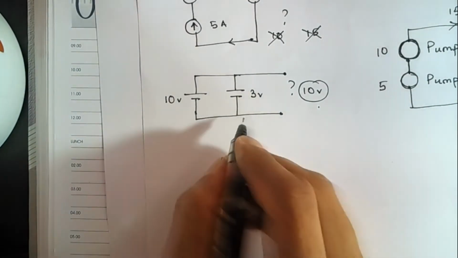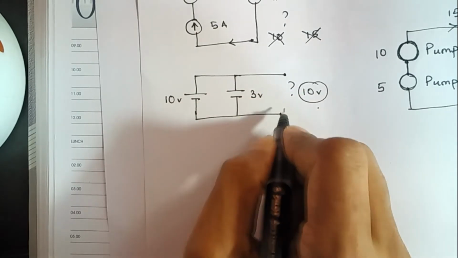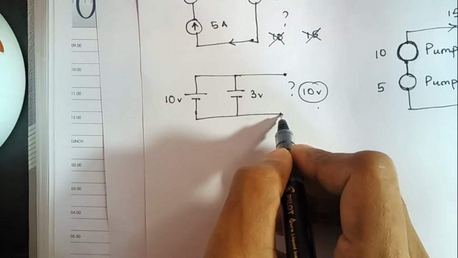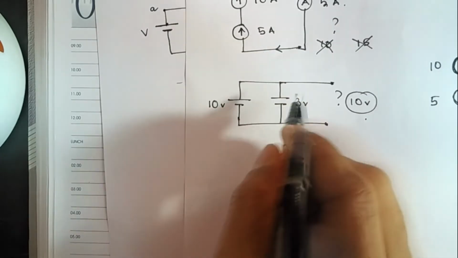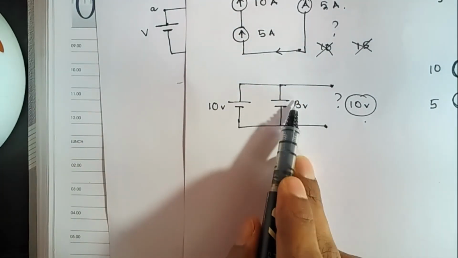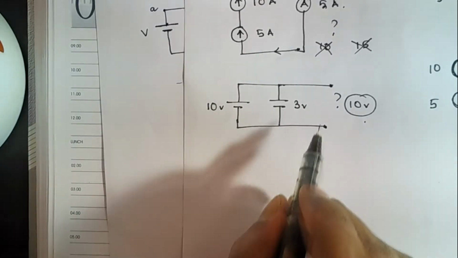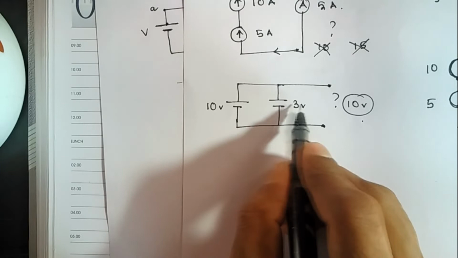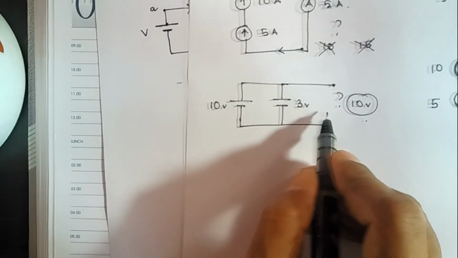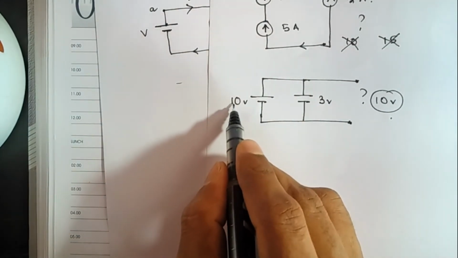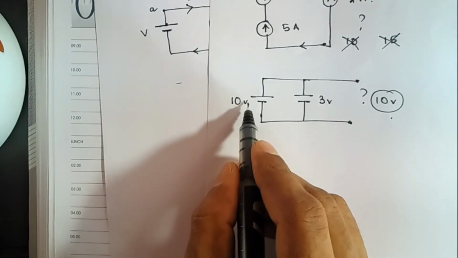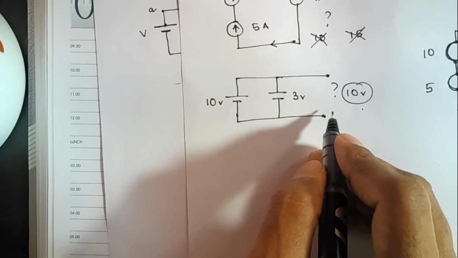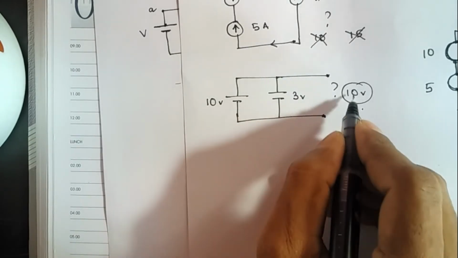Because the voltage between 2 points is the potential difference between 2 points. If we consider only the 3 volt source, then the voltage between these 2 points is only 3 volt. Again, if we consider the 10 volt one, the potential difference between these 2 points is 10 volts. So we'll consider the larger one.